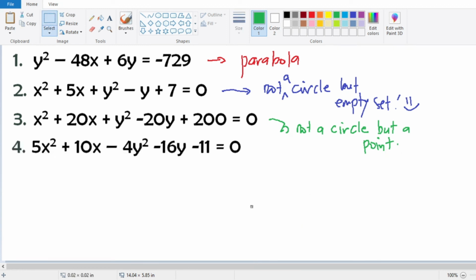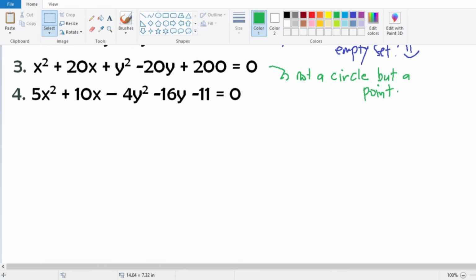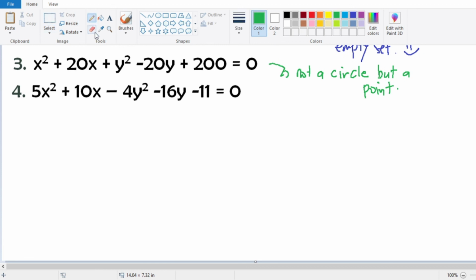Moving on now to the last example, and you have here an equation that resembles what? A hyperbola. Tingnan nga natin kung hyperbola talaga siya or two intersecting lines, right? Again, you have there 5x squared plus 10x minus 4y squared minus 16y is equal to positive 11.